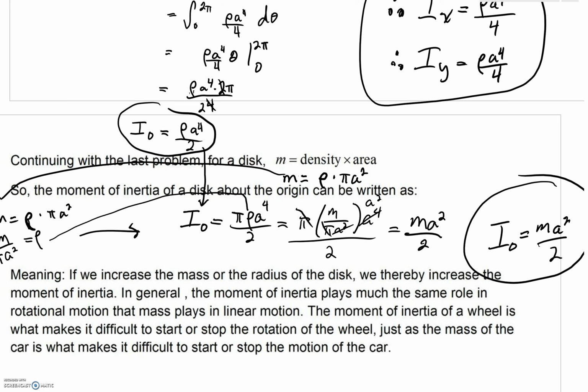The moment of inertia of a wheel is what makes it difficult to start or stop the rotation of the wheel, just as the mass of a car is what makes it difficult to start or stop the motion of the car moving linearly. So if we're looking rotationally, like we see right here, the bigger the r is, you can see that you have that squaring effect. But of course, mass also can influence that moment of inertia.